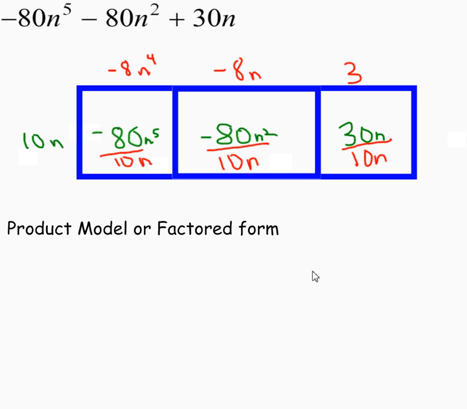So my factored form is going to be 10n times, okay, here comes the outside top edges, negative 8n cubed, oops, excuse me, 4th power, negative 8n to the 4th minus 8n plus 3.